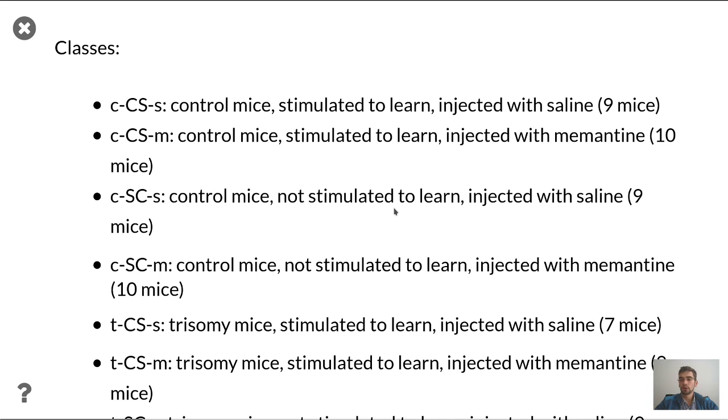We can try to find a way to predict, say, trisomy or control. In this case, we can describe this problem as a multi-label problem. So we have three binary labels, and for each data point we have three labels. Or we can think that this is a kind of multi-dimensional output, multi-dimensional target.